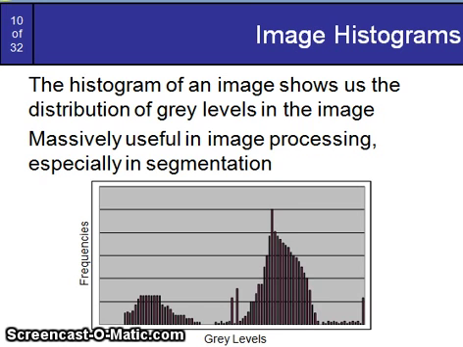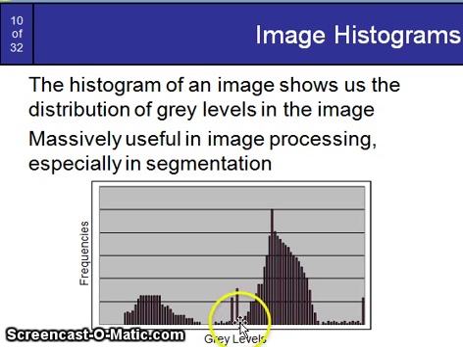So, when a graph is plotted with the gray levels on the x-axis and the frequency of appearance on the y-axis, then we get what we call the histogram of the image. This is massively useful in image processing, especially in segmentation.